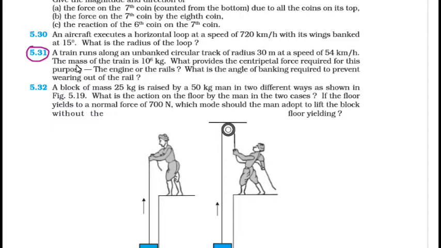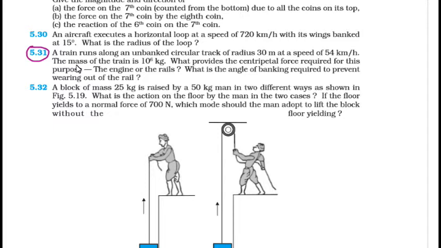The mass of the train is 10 to the power 6 kg. What provides the centripetal force required for this purpose? The engine or the rail? What is the angle of banking required to prevent wearing out the rail?